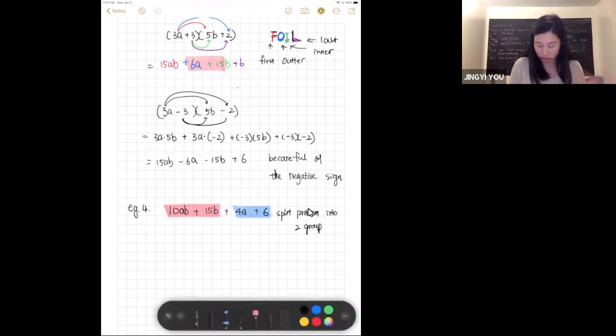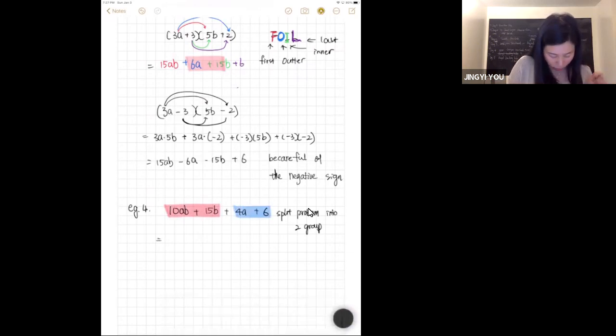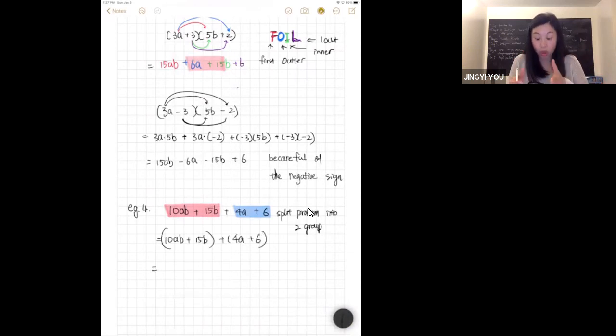So now let's regroup them and see what we have. I have 10ab plus 15b, and 4a plus 6. Now look at the first group. What's the common factor of the first group? I have 10 and 15, so I have 5 in common, and b is common to both.